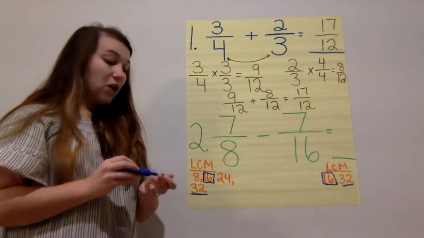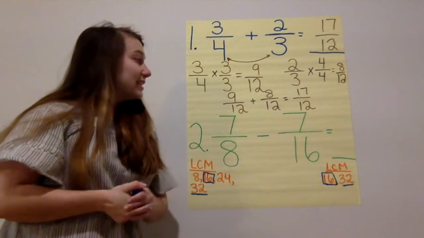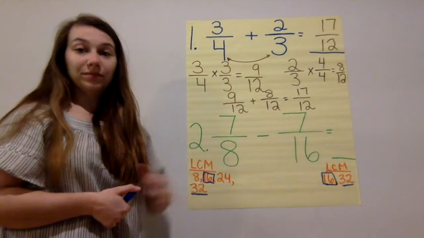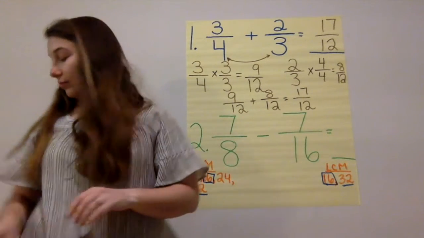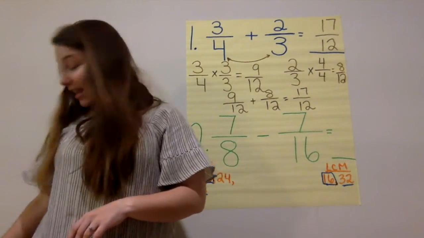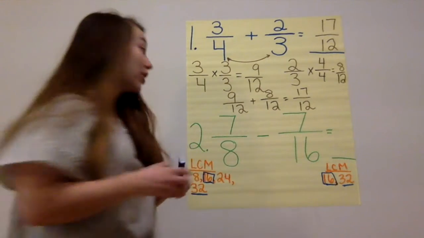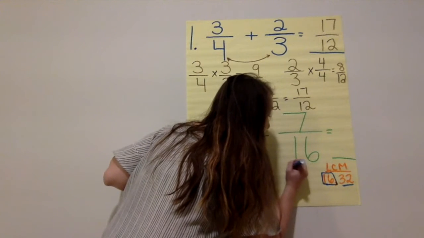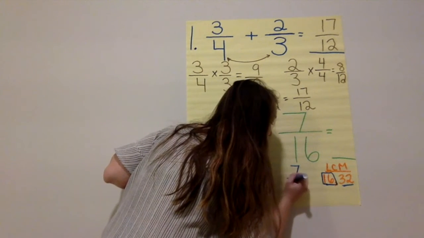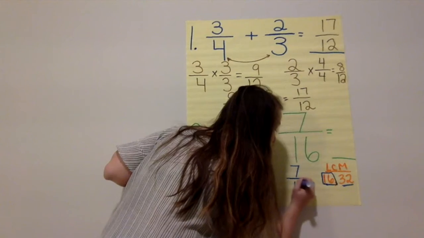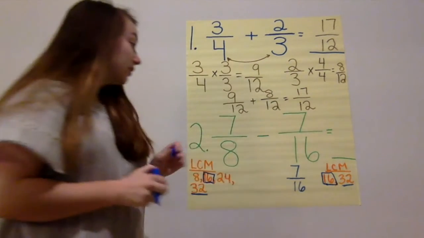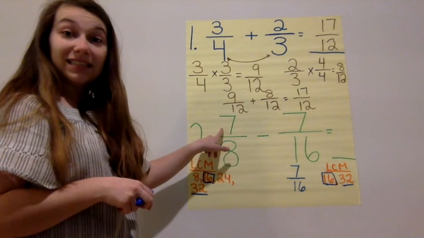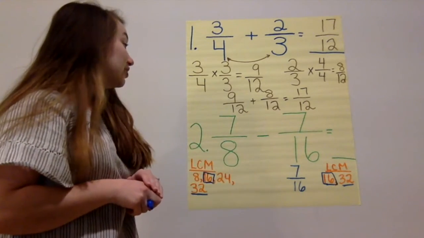Okay? So, if we're using 16, what does that tell us about this fraction? Very good. It can stay the same, right? Because it already has a denominator of 16. So I'm going to do 7/16. But unfortunately, that means this fraction needs to change.